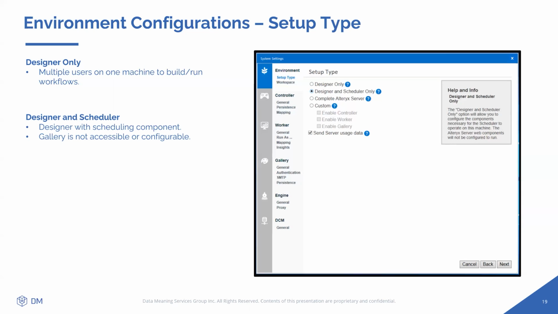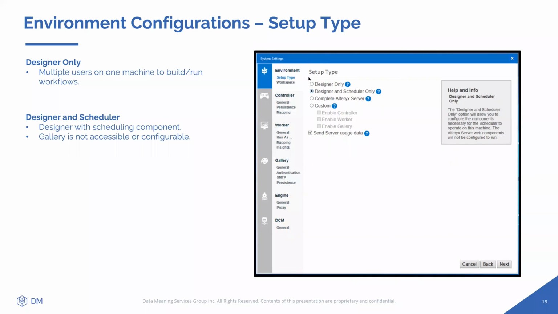The first one is going to enable only the Alteryx Designer on the machine, so multiple users can access this machine to develop and run workflows. The second one, Designer and Scheduler only: the users can run and schedule their jobs, but do not have access to the gallery, which is the server user interface.